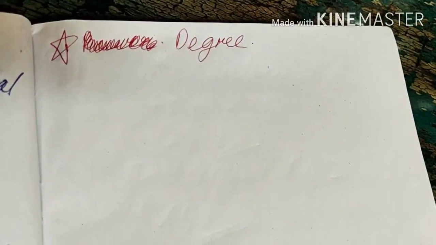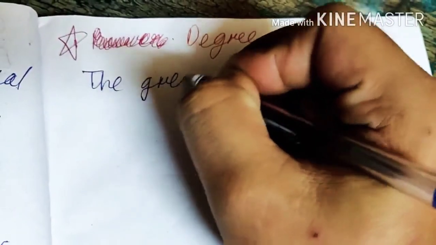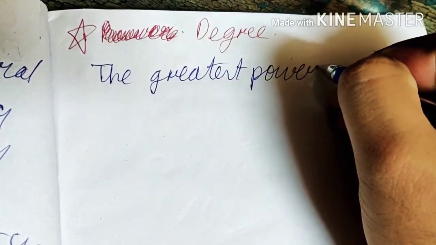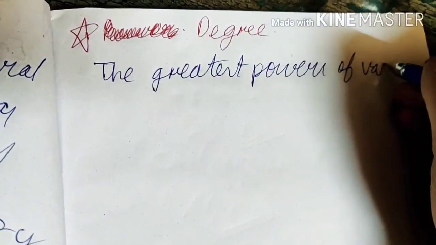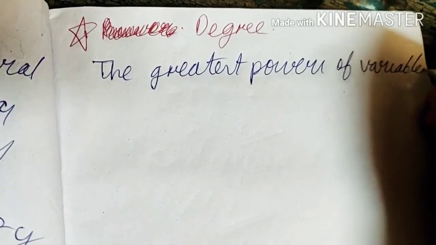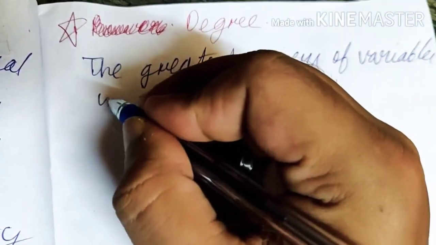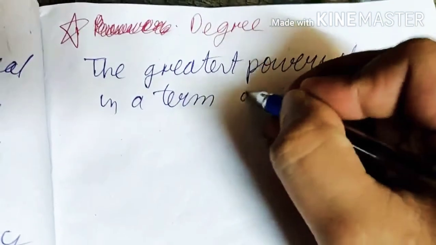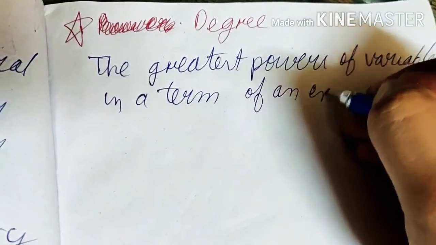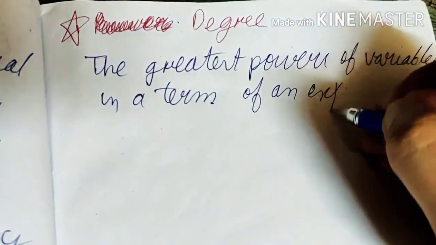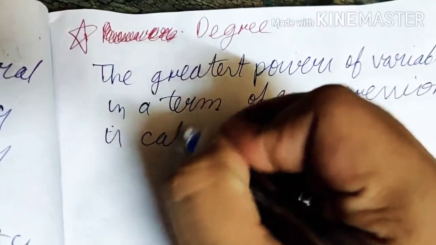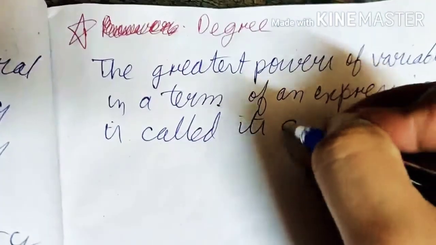So the next thing here is degree. Degree means the greatest power of variables in a term of an expression is called its degree.